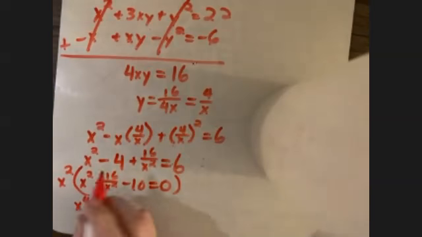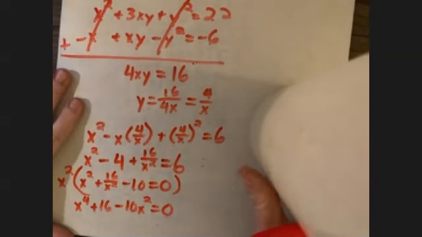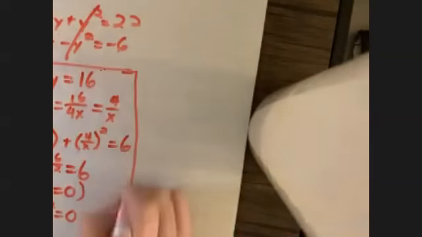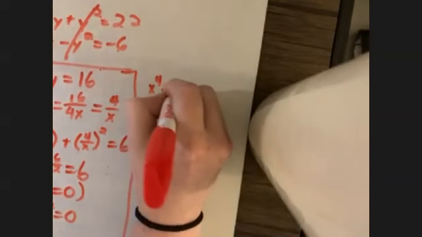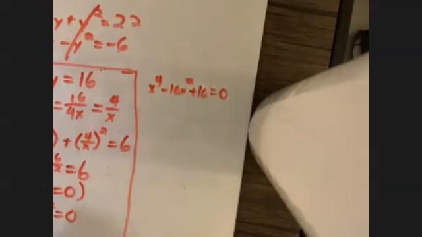So I have x to the 4th plus 16 minus 10x squared equals 0. Okay, and this problem is a little bit more involved, okay, because they did give us that combination of letterings, okay? So I'm going to do a little bit of rewrite over here. So we've got x to the fourth minus 10x squared plus 16 equals 0.